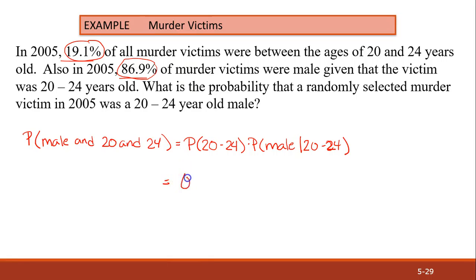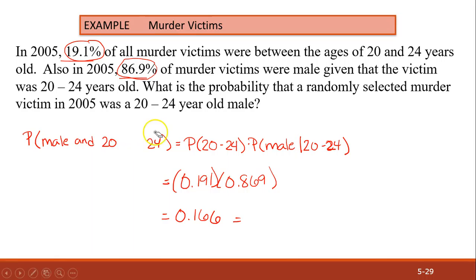So multiplying those together, we get this times the 86.9, and whenever we multiply that together, we end up getting this here, approximately. Whoops, I didn't add in a decimal number. There. And that is the probability that they're male and 20 to 24.